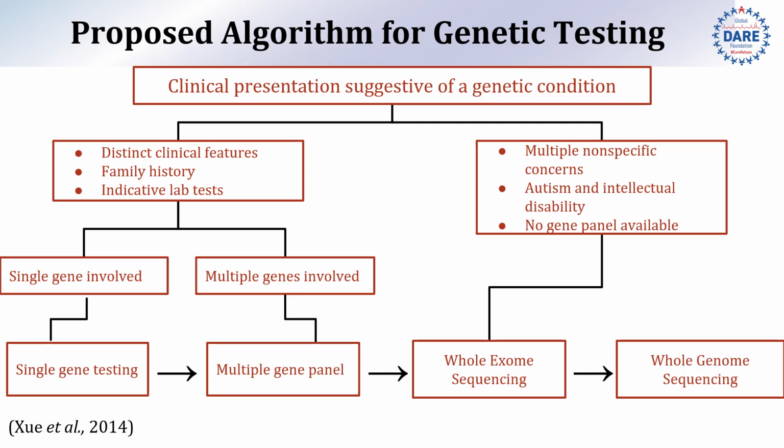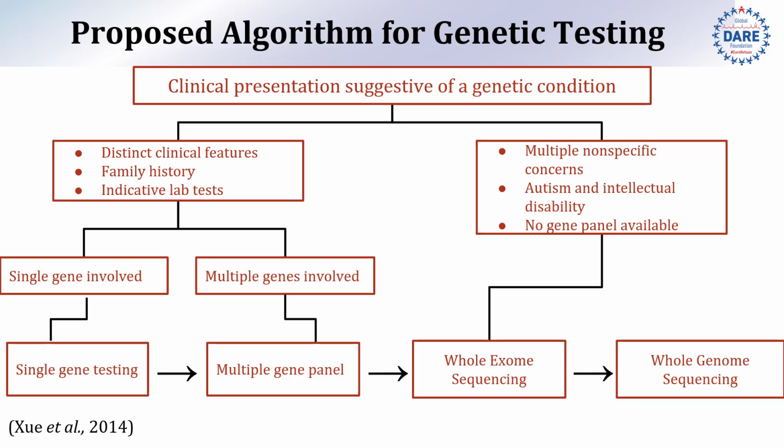If the presentation, meaning those clinical symptoms, points towards a single gene disorder that is well known and well defined by these specific symptoms, then single gene sequencing is typically the first step. However, if multiple genes and multiple conditions could be involved based on those clinical symptoms, a multiple gene panel may be more appropriate, as it allows for a broader but still targeted analysis of particular genes that may be related to those symptoms.